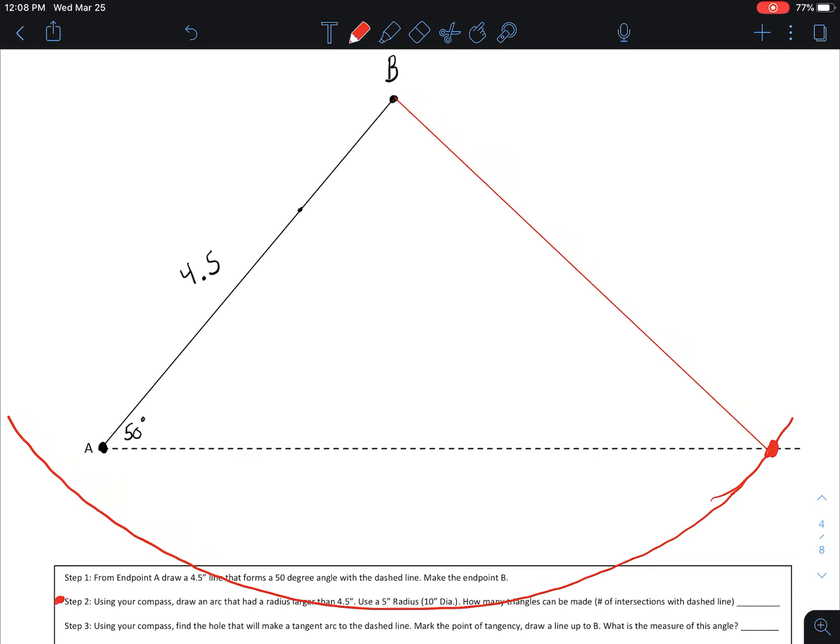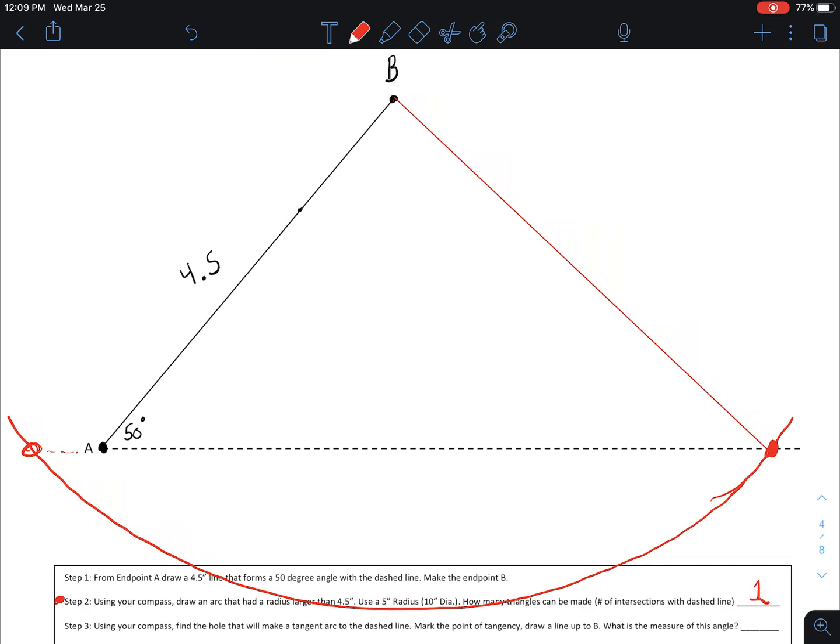That would be my one possible triangle that I'm viewing right there. So if the opposite side is larger than the adjacent, there's only one possible triangle that can be formed, because the other possibility would be way over here, which I couldn't even make because my acute angle is open towards what would be the outside of that triangle. So only one possible triangle can be formed if that's the case.